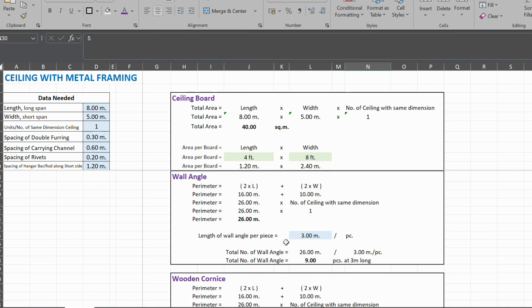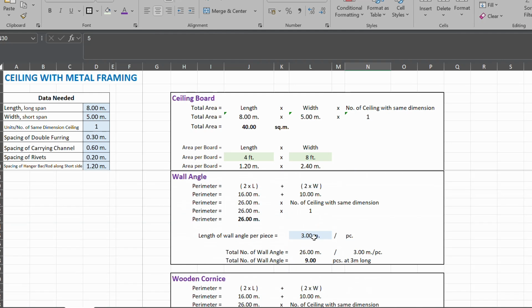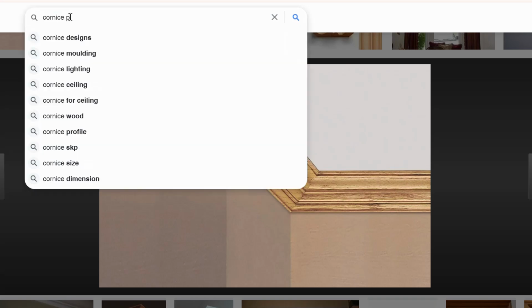And then here, the only blue one, again here also the wall angle. If ano yung length na order nyo or anong available dun sa hardware nyo, yun, lagay nyo, change nyo to. And even for this wooden cornice, I don't know if I'm pronouncing it correctly.